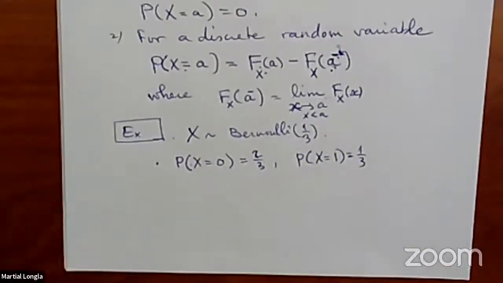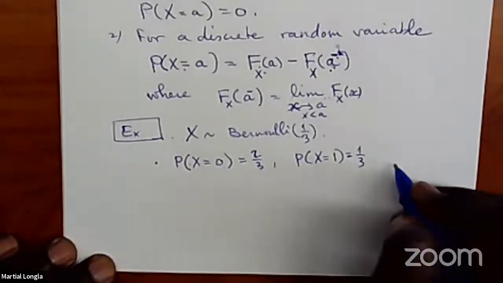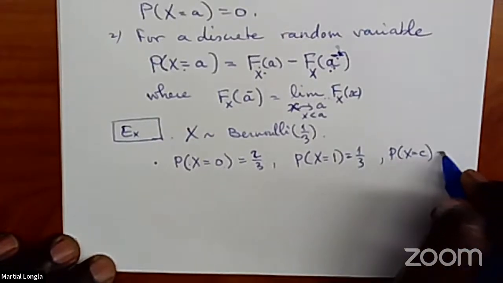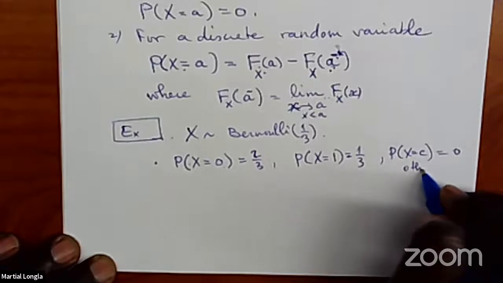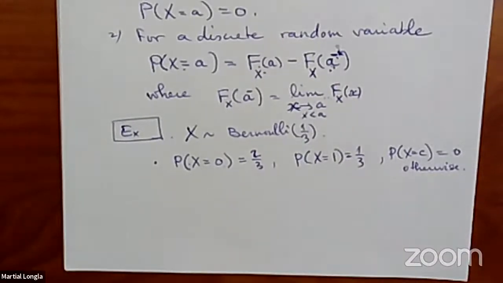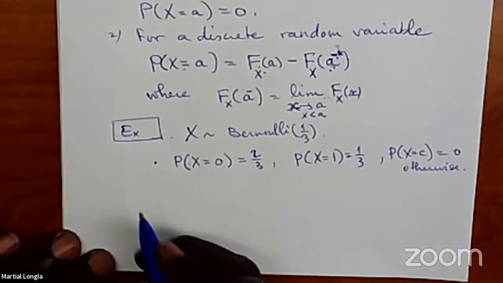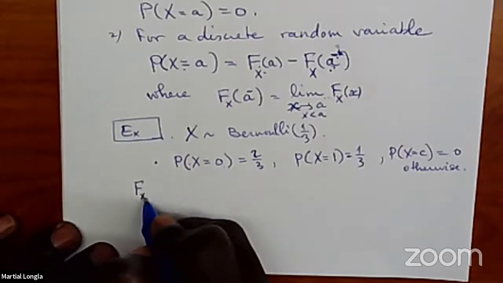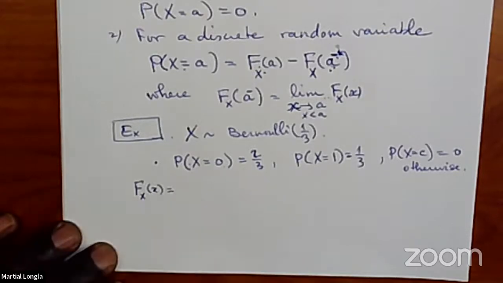Moreover, the probability that X equals c is 0 otherwise; no matter what other value you take, the probability is 0. Now, what is F_X of x equal to?